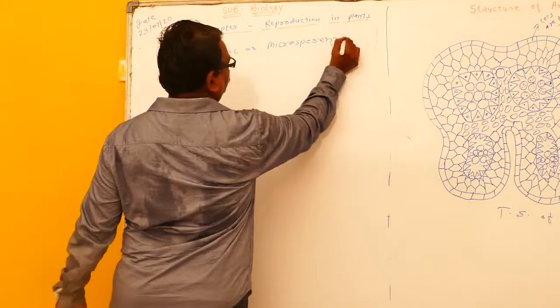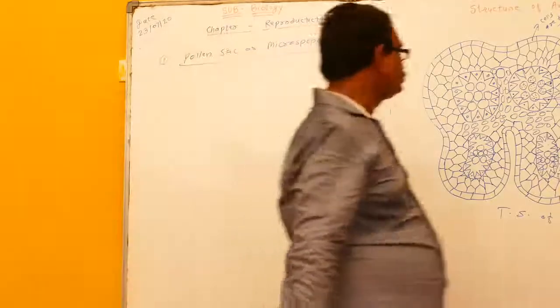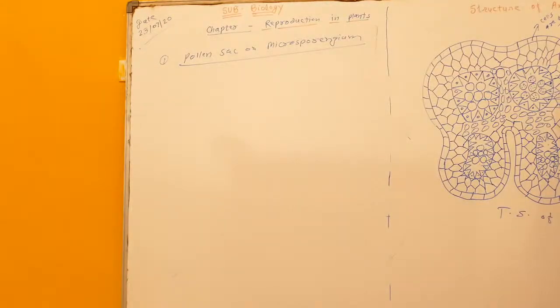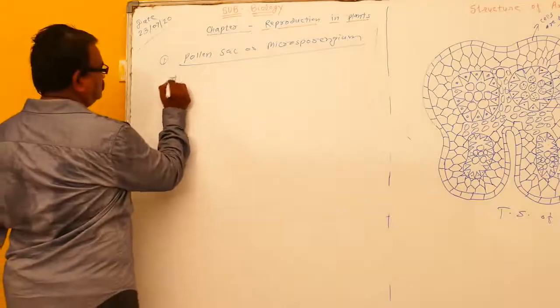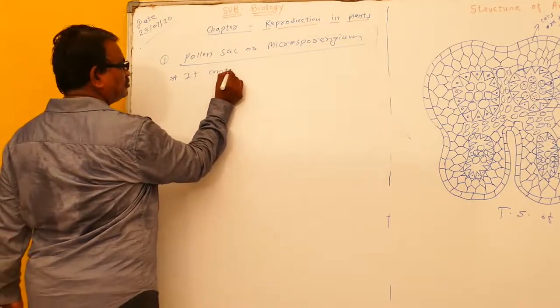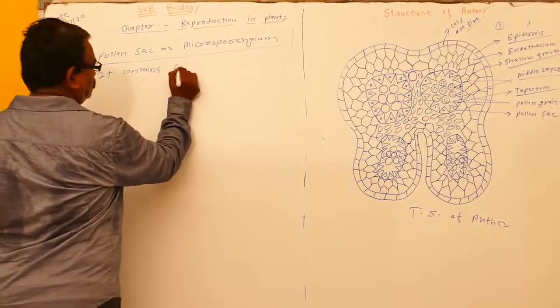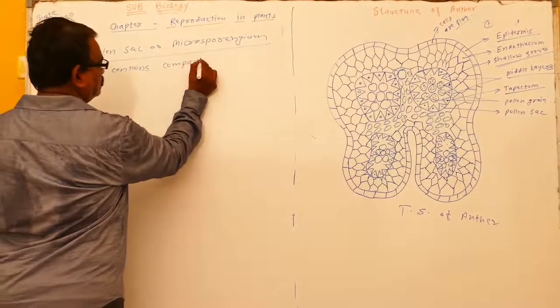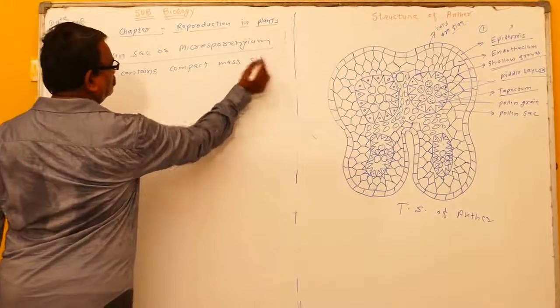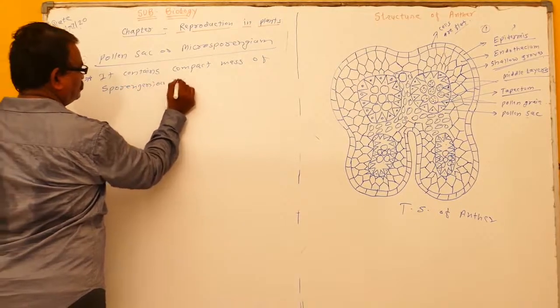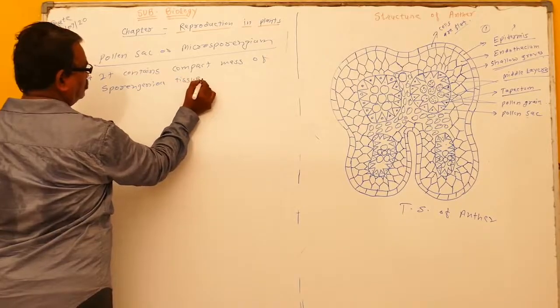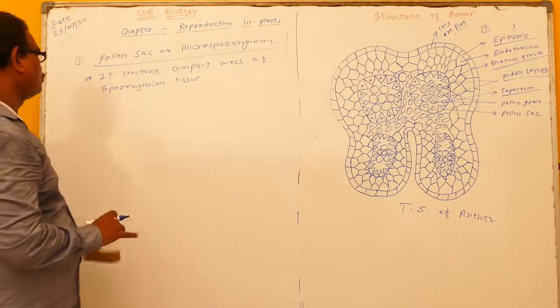So this is a pollen sac, and the pollen sac contains a compact mass of sporangenous tissue. It contains the compact mass of sporangenous tissue.